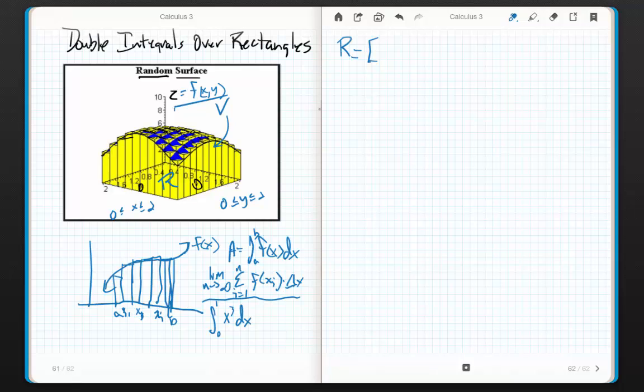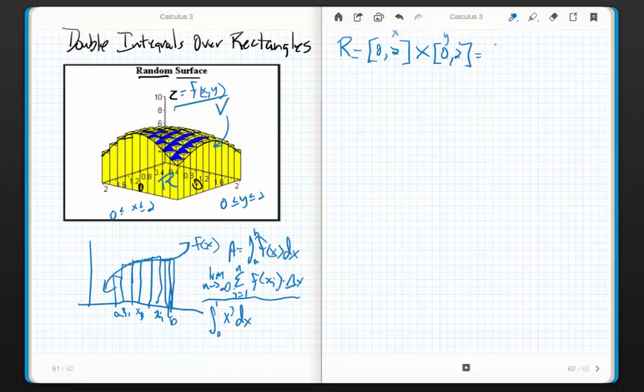So the way that we write that is we would say R is equal to the interval from 0 to 2 cross, we don't say union because this cross is like a geometric multiplication thing, okay? It's x between 0 and 2 and y between 0 and 2. So think of this as my x and this is my y.